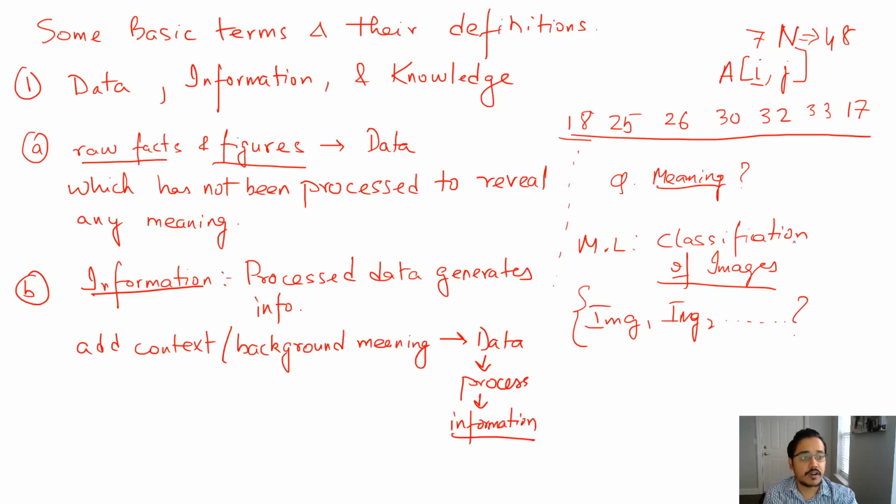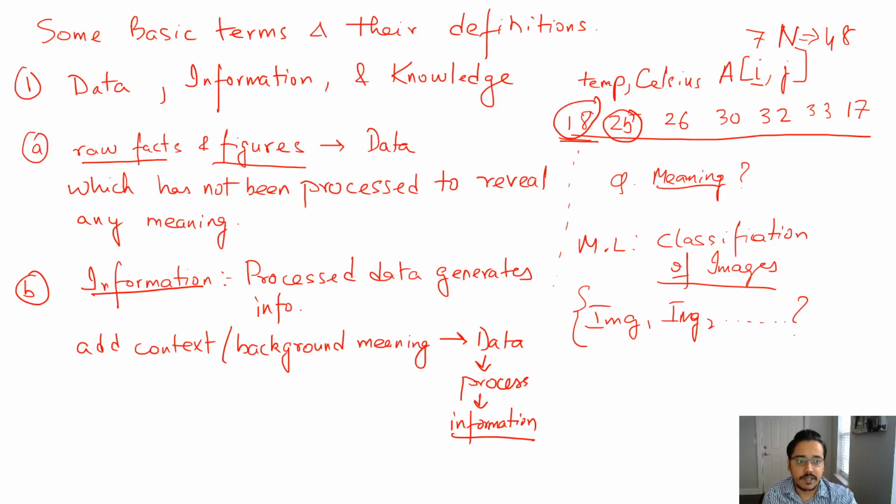So in the context of our running examples, if we said that these values that we are storing are temperature values, we are adding some context or some shape and form to the data that we collected. Then we can say that the recorded temperature values are in Celsius.